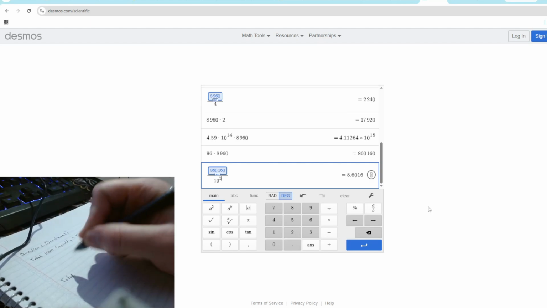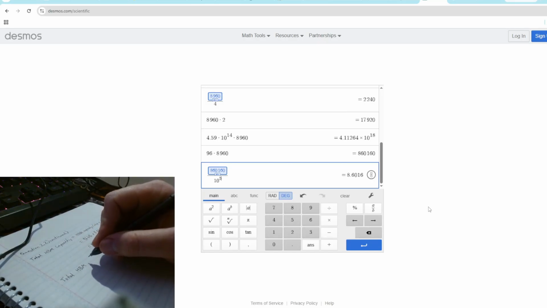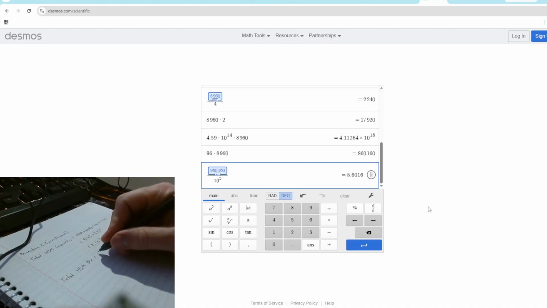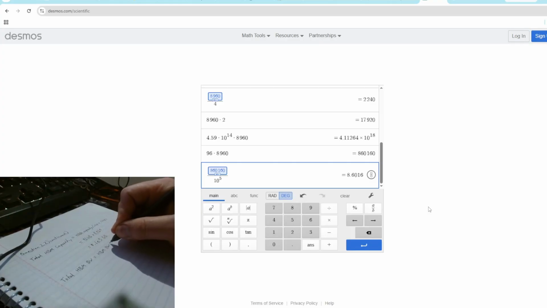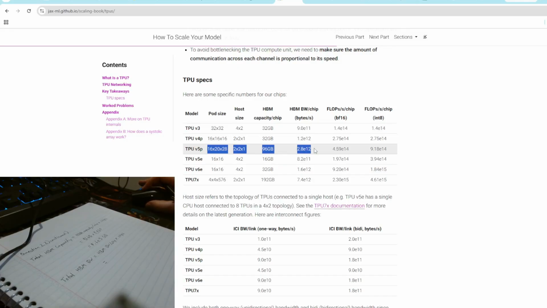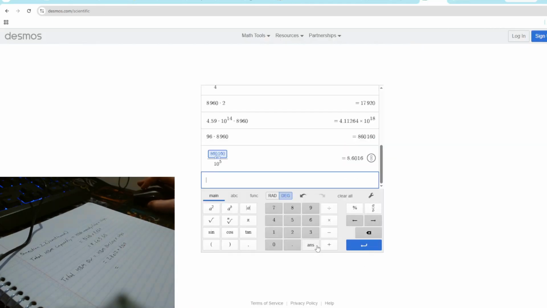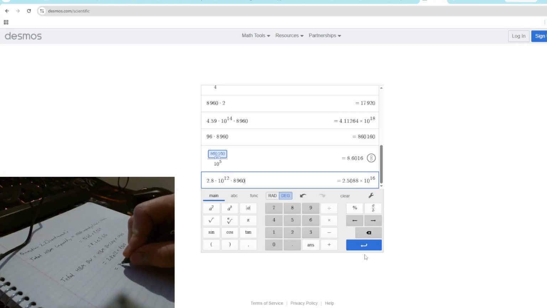Total HBM bandwidth equals HBM bandwidth per chip times chips, which equals 2.8 E12 times 8,960, which equals 2.8 times 10 to the 12 multiplied by 8,960 equals 2.51 E16.